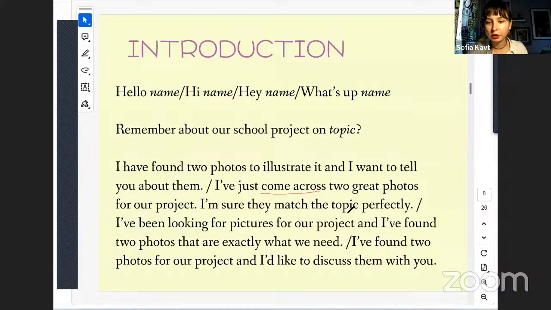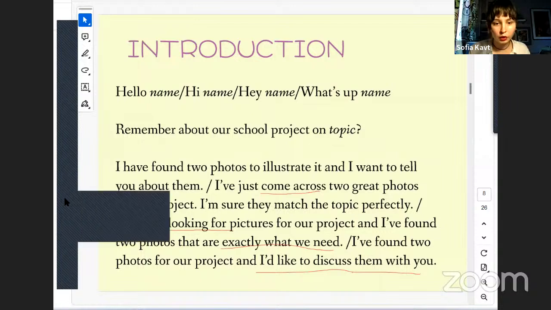I'm sure they match the topic perfectly. Alternatively, we can say, I've been looking for pictures for a project, and I found 2 photos that are exactly what we need. Or we can say, I found 2 photos for a project, and I'd like to discuss them with you. As you can see, there are different ways to approach this introduction, but they are all pretty informal, and that's exactly what we need here.